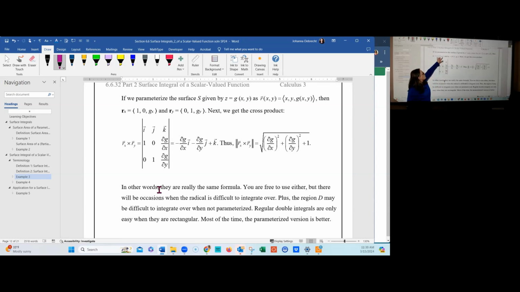So then we can take the partial of this parameterization with respect to x, which is going to give us 1, 0, and the partial of g with respect to x, whatever that function is. And then we can take the partial with respect to y, and the partial of x will just be 0, partial of y will be 1, and then we get the partial of g with respect to y.